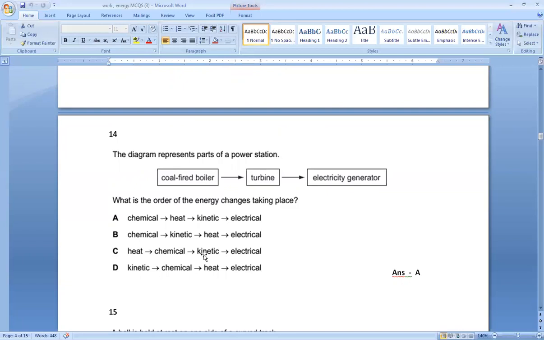In the coal-fired boiler, the coal has chemical energy which changes into heat energy, and that heat is used to boil the water. The water then runs the turbine, that is kinetic energy, and the turbine then runs the generator, which produces electrical energy. So my option is A, chemical to heat, then kinetic, and then electrical.